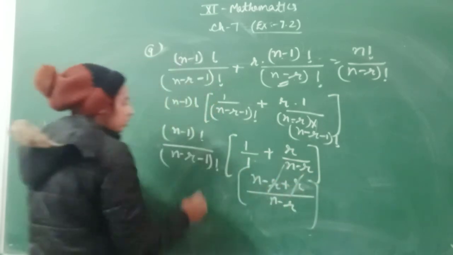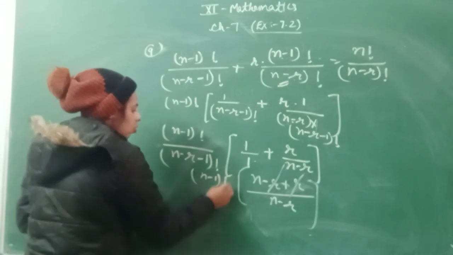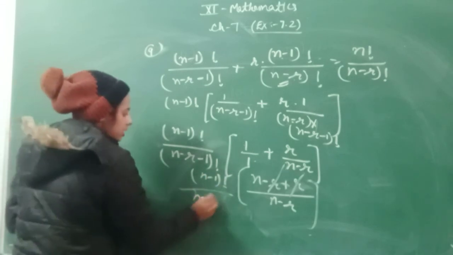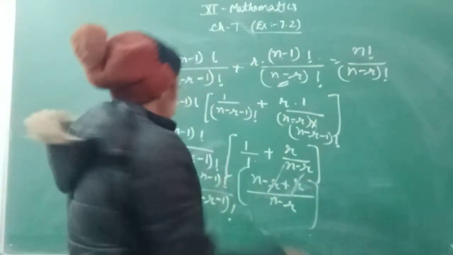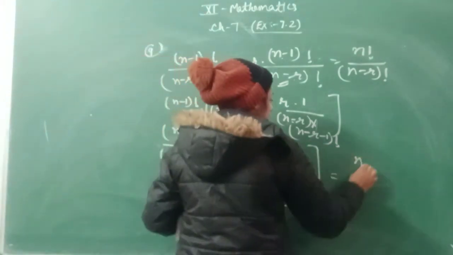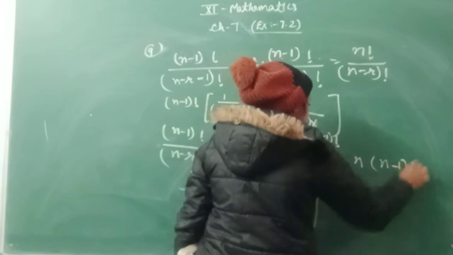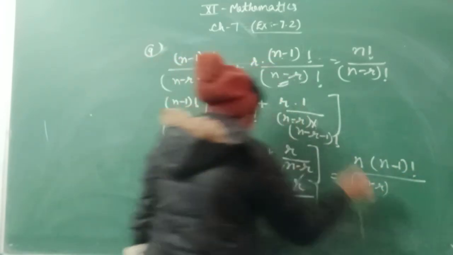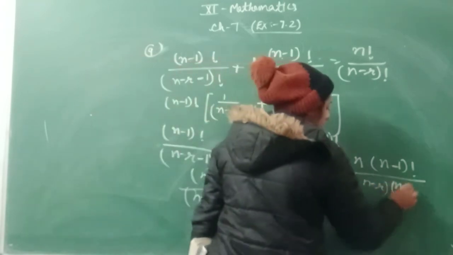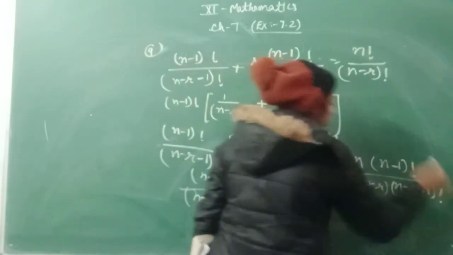R will be cancelled. So n minus 1 factorial is the common part over n minus r minus 1 factorial. When I write these two terms, I have n into n minus 1 factorial, and in the numerator I have n minus r into n minus r minus 1 factorial.